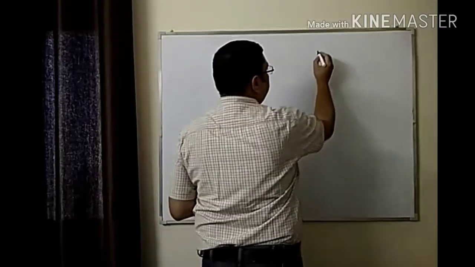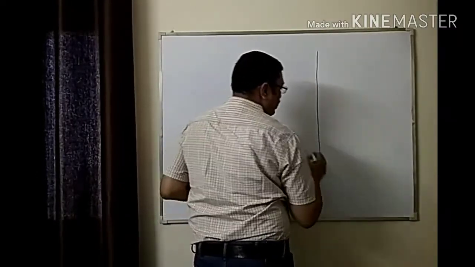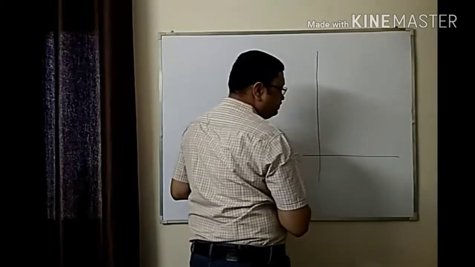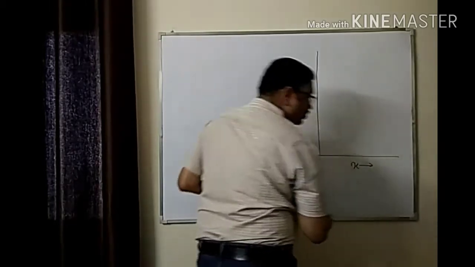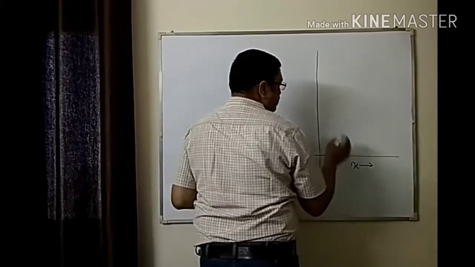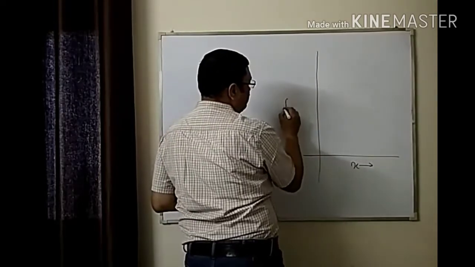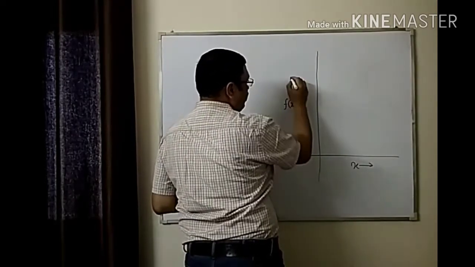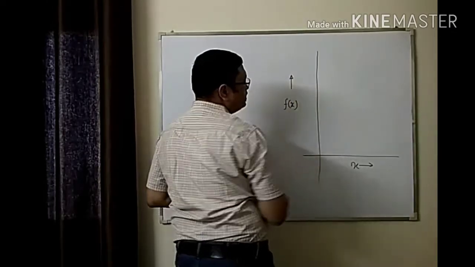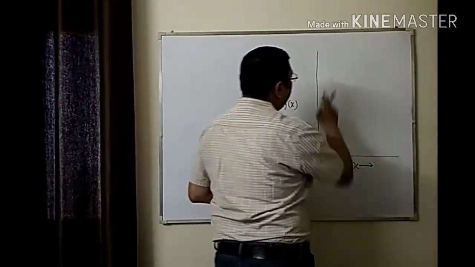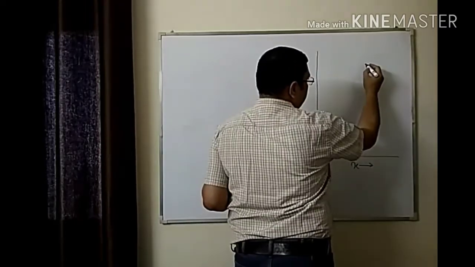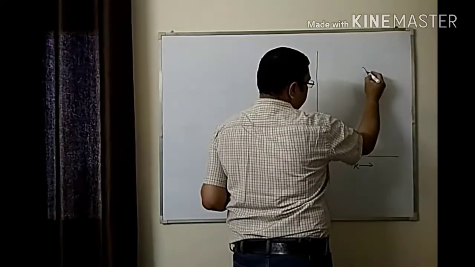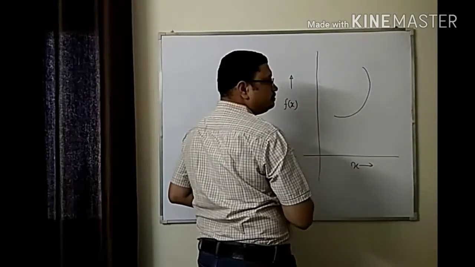For the physical meaning of derivative, we take a coordinate system on which we have x on the horizontal direction and y or f(x) on the vertical axis. Now if we have a curve f(x), and this curve has a shape like this.